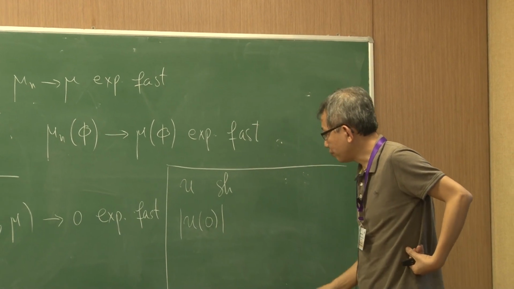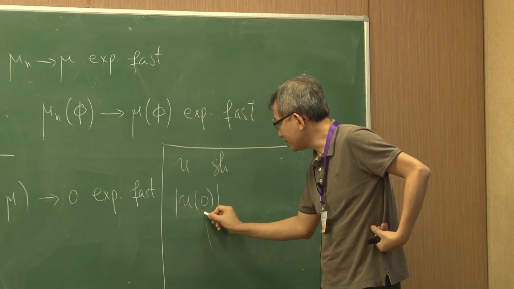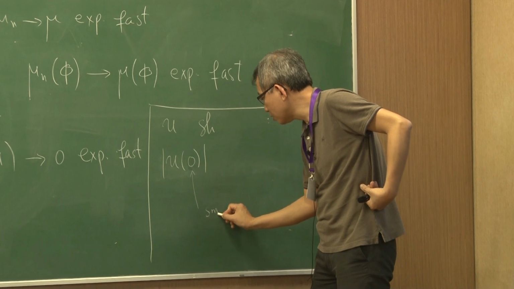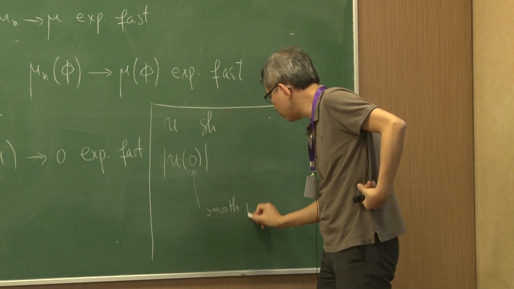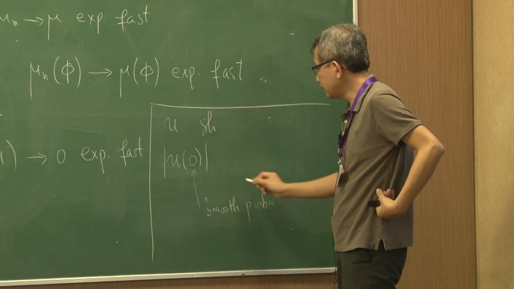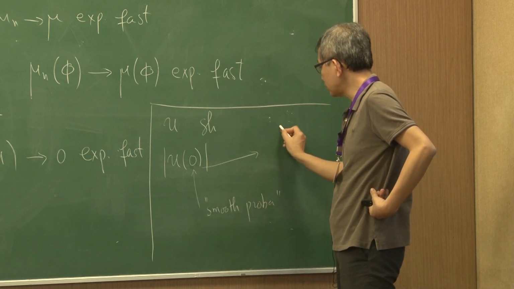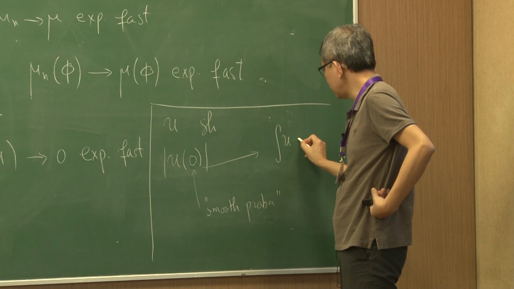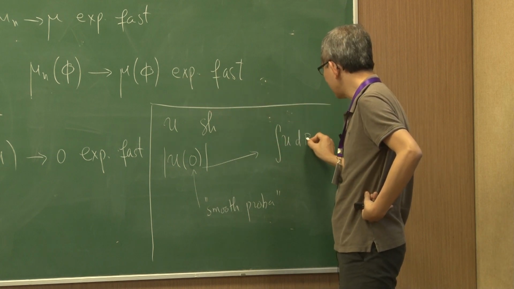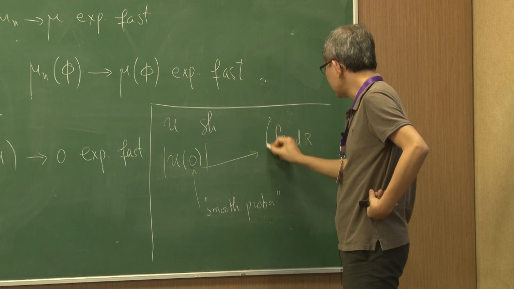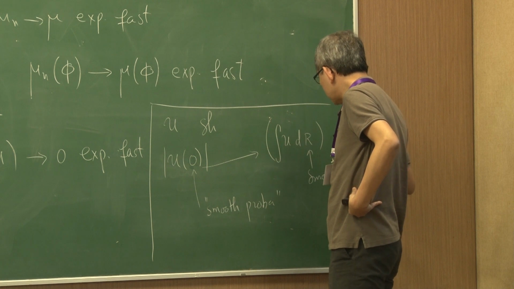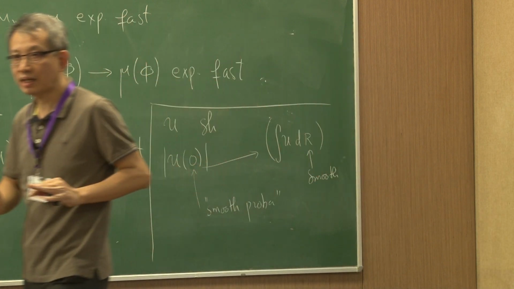However, if you replace the value at 0 by a smooth probability measure, which means that instead of this value, you consider the integral of U dR, with R smooth enough, then you have some estimate.